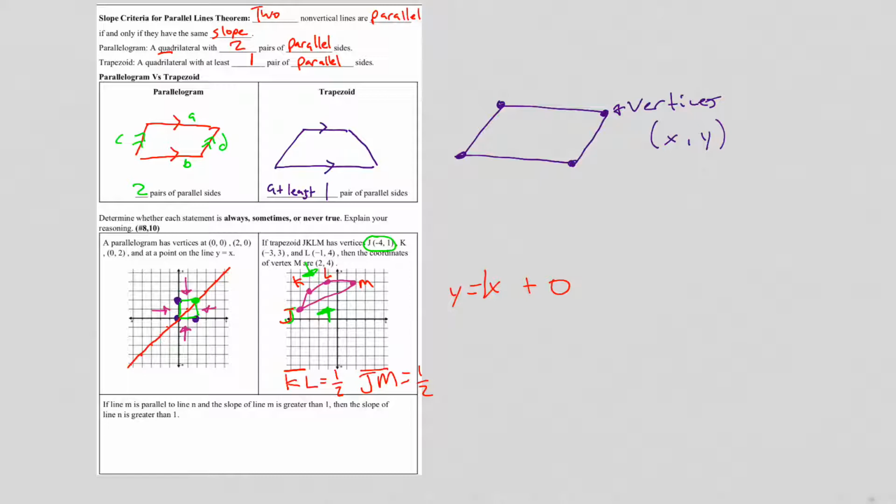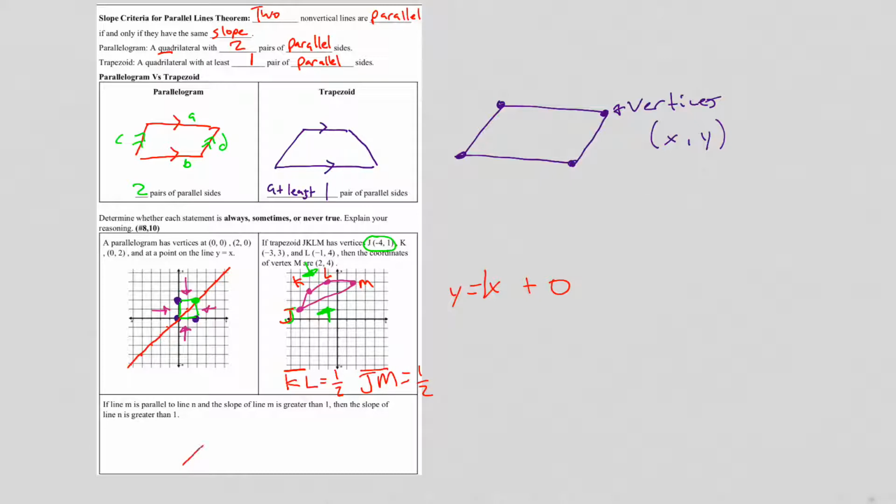And the same is true for the square. The two vertical lines have an undefined slope, and the two horizontal lines have a slope of 0. So if line M is parallel to line N, and the slope of line M is greater than 1, then the slope of line N is greater than 1.